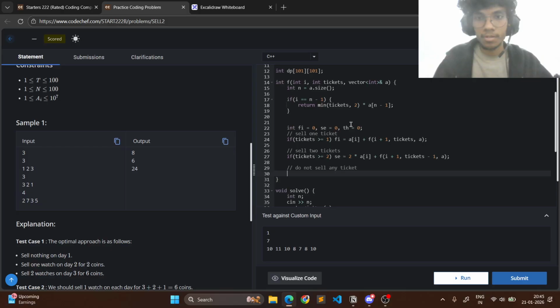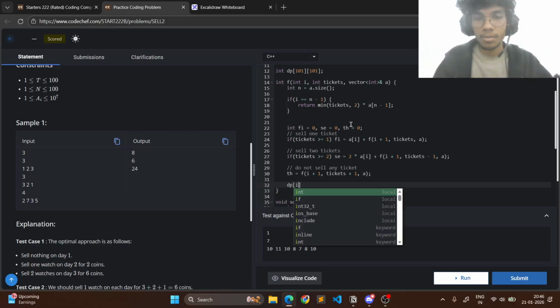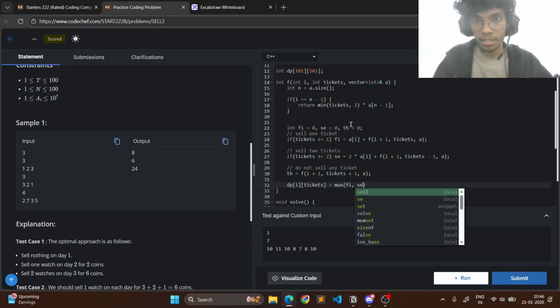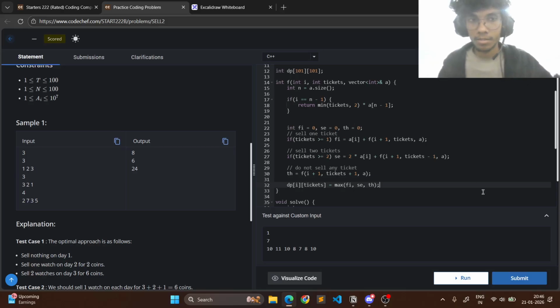So th equals f of i plus 1, tickets plus 1, and then a, and dp of i equals max of tickets, I guess. So fi, se, and th.